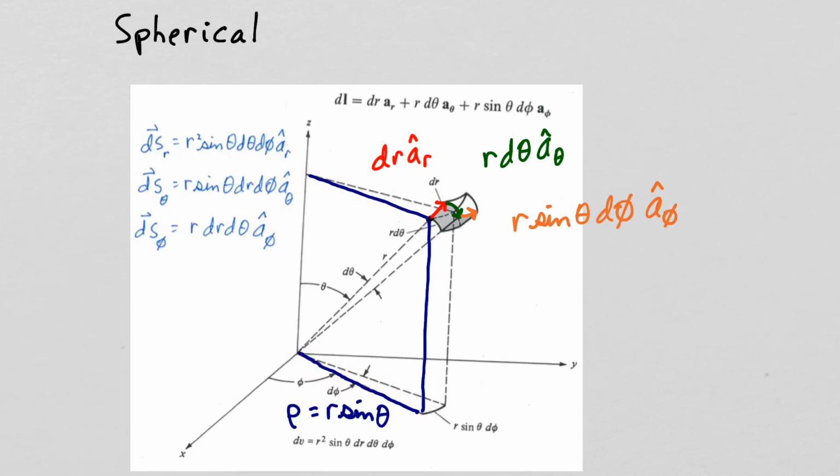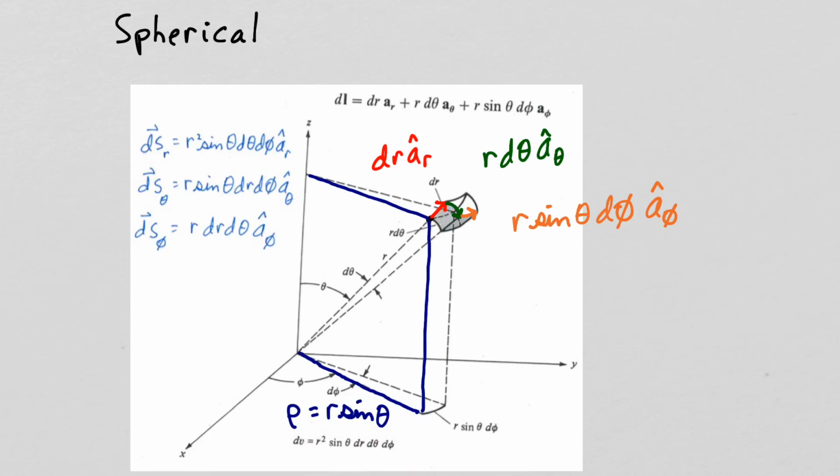This length and this length are both rho of our cylindrical coordinate system. If you look at this right triangle, the hypotenuse is r, so this length here will be r times the sine of theta. Our differential length will just be the vector sum of these three vectors. The differential volume will just be the volume of this cube, which is the product of dr, r d theta, r sine of theta d phi.